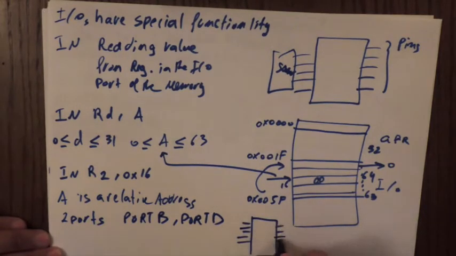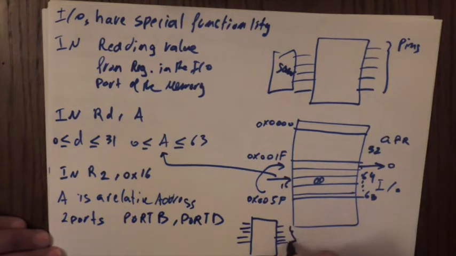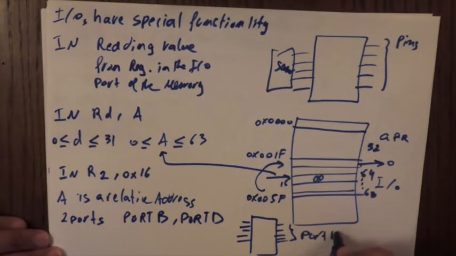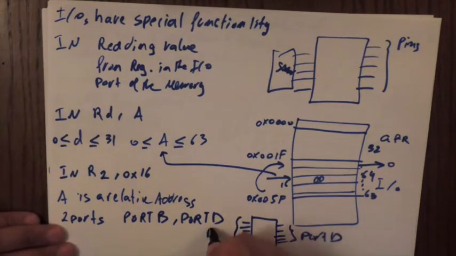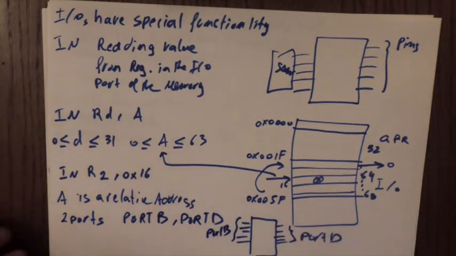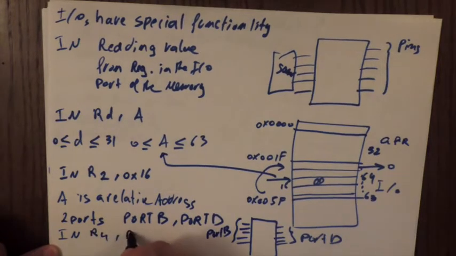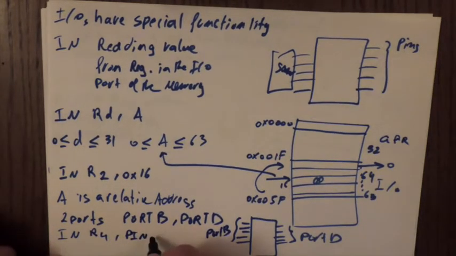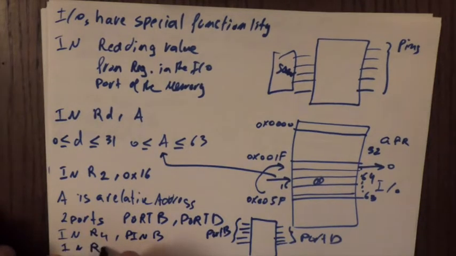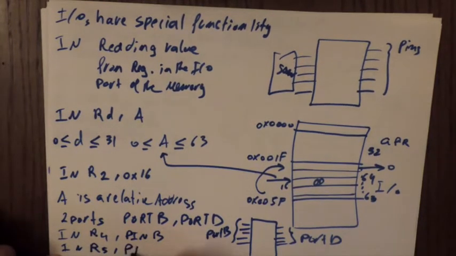So these are 8 pins. So this is port D and this is port B. I can use something like in R4, PINB, in R5, PIND.